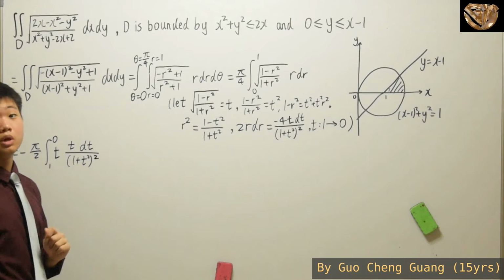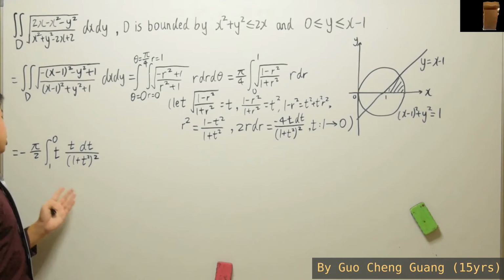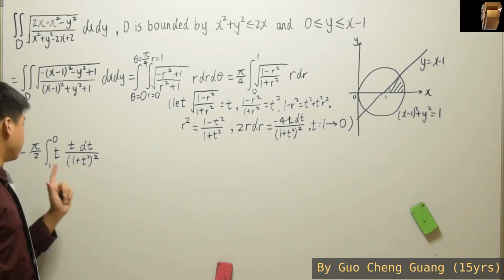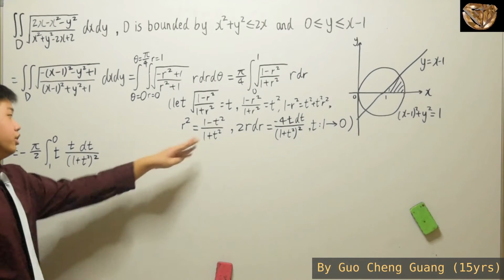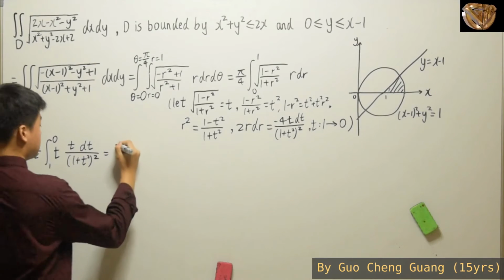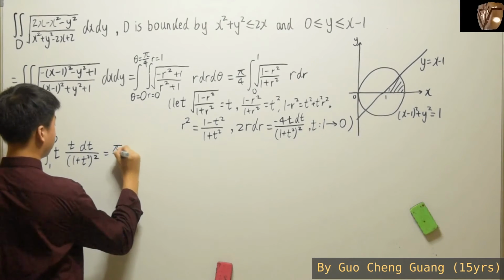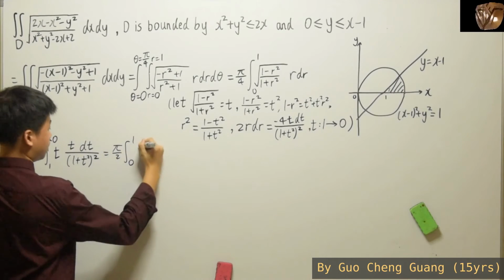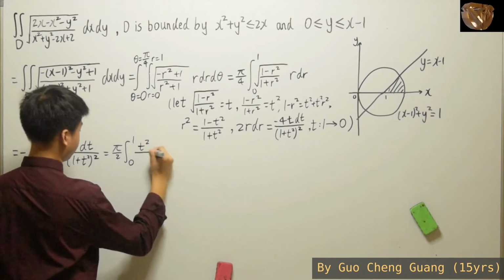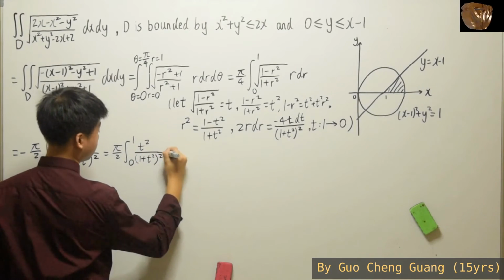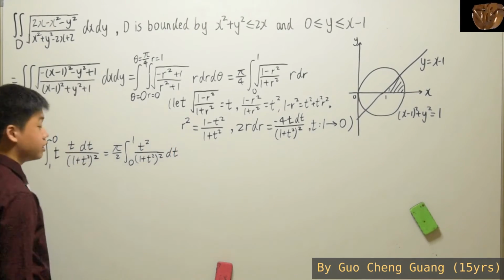Right, so this is what you are going to see. But of course, integrating from 1 to 0 doesn't look very nice. How about let's use a negative to flip that, since you already have a negative from your differentiation. So that means you will be seeing pi over 2 integrate from 0 to 1 of t squared over 1 plus t squared dt. Right, now we're at this step.